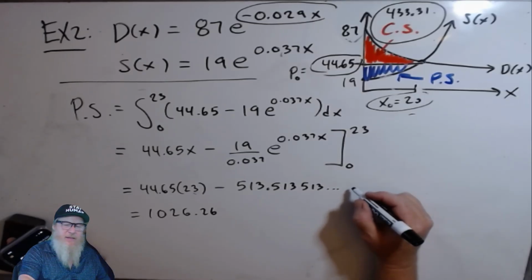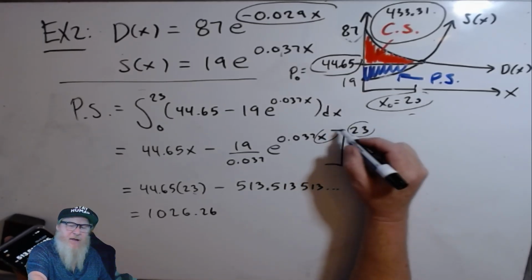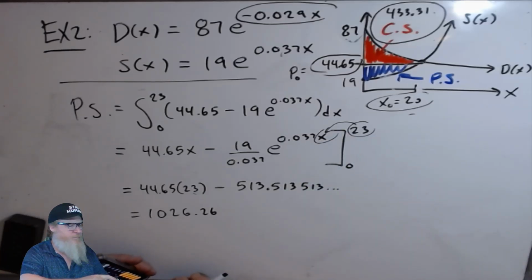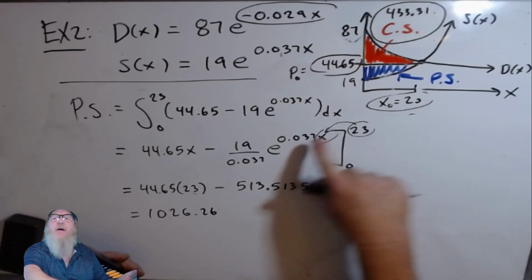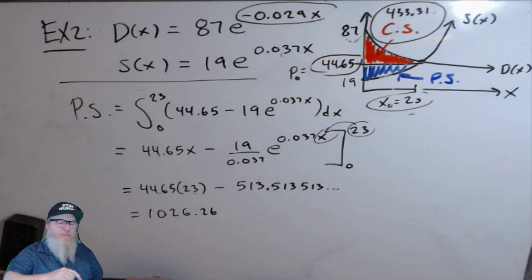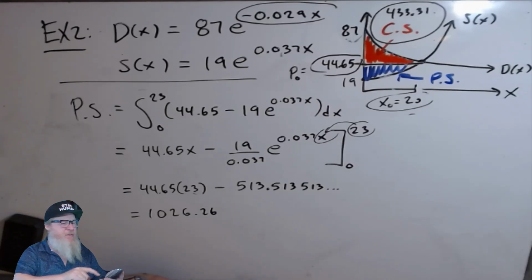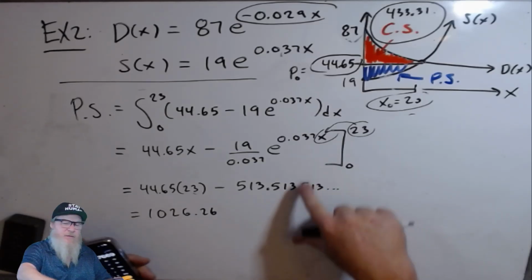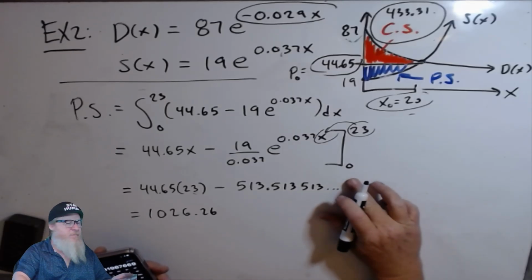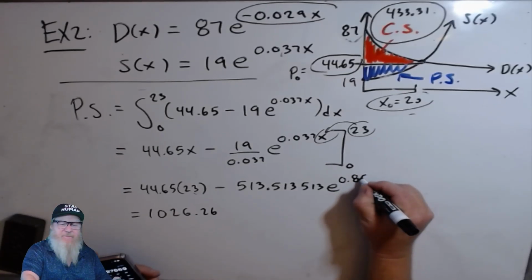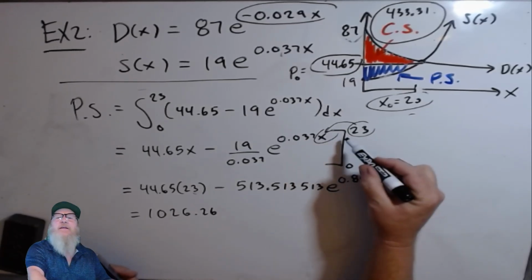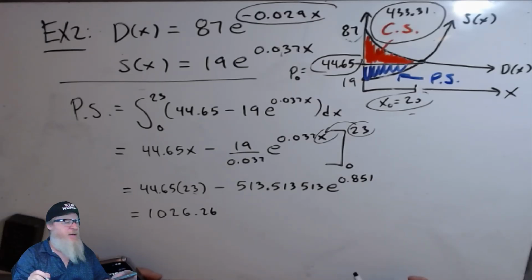Let's see. And then I'm plugging in 23 for X. So 23 times 0.037. This one's a positive power. It's going up. And then I'll do e to that power. So this is times e to the 0.851 after I plugged in the 23.